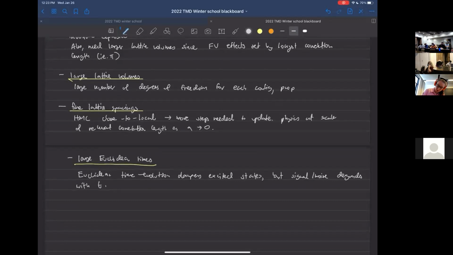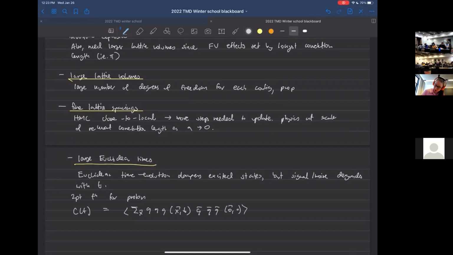So we can think about the 2-point function for the proton. And this is just a sketch. I'm not going to be careful about all the sums, etc. So we're going to have 3 quarks at some position X, 3 anti-quarks at some other position 0 here.